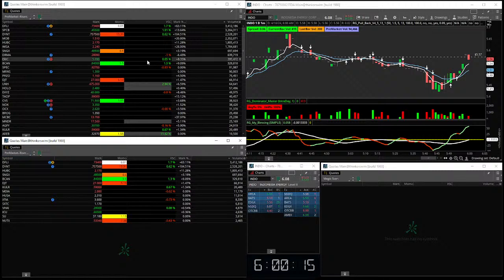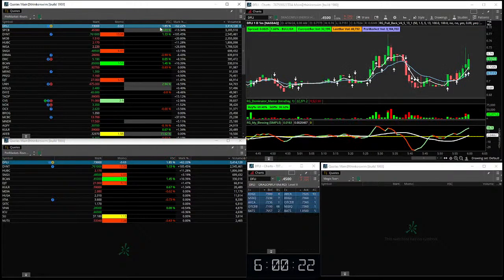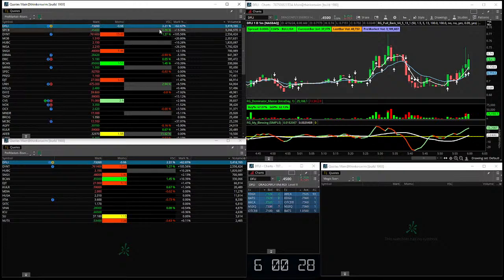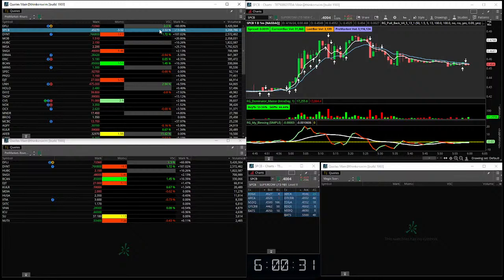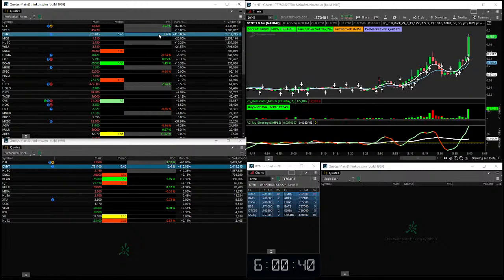And here we go. Let's see what's going to be moving here this morning. I'm seeing some spikes right here in this column. This one is DFLI. Not moving very far. SPCB. DYNT under $1.